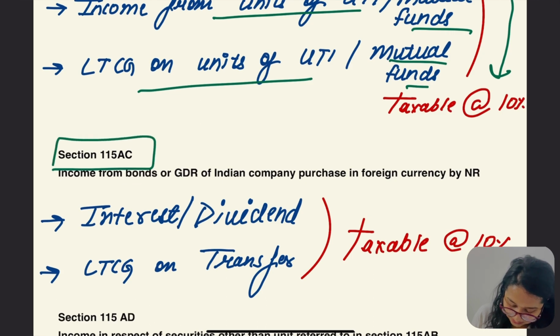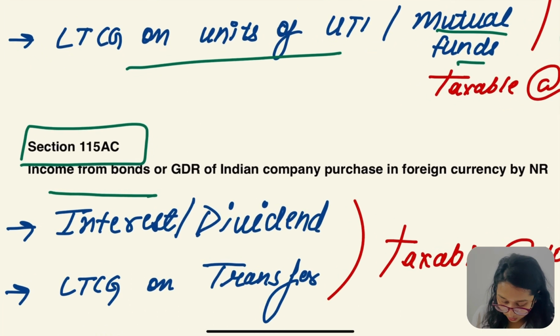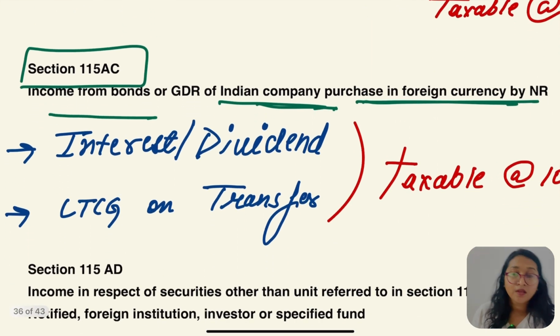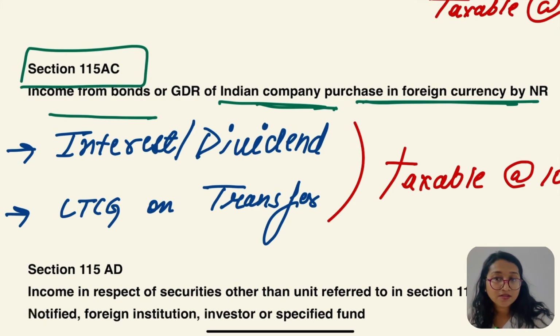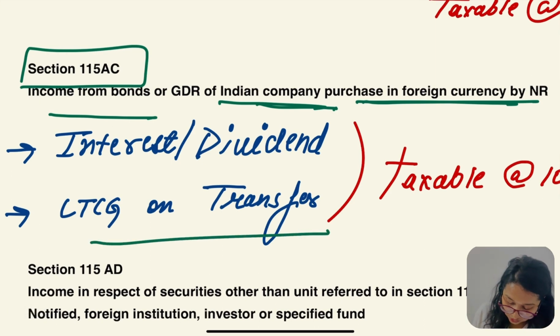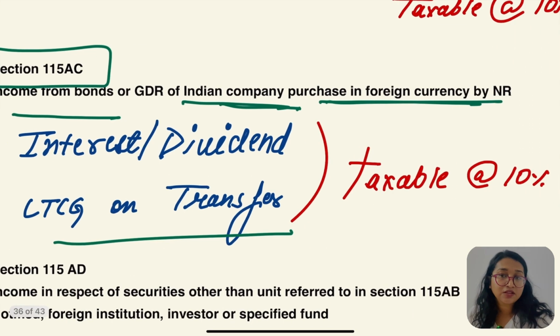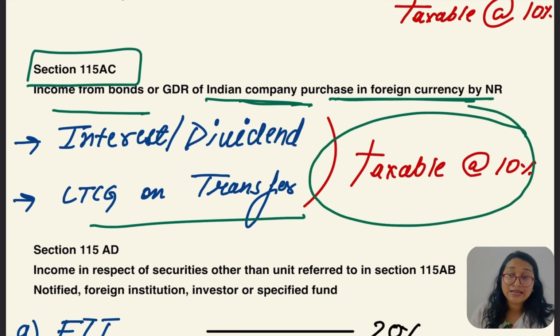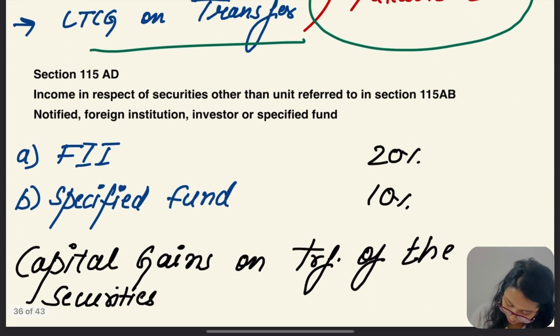Section 115AC says about the income from bond or GDR of Indian company purchased in foreign currency by NR, when they receive interest, dividend or LTCG arises on such transfer. In that case, the tax rate is going to be 10%. Hope so this part was also clear to you.